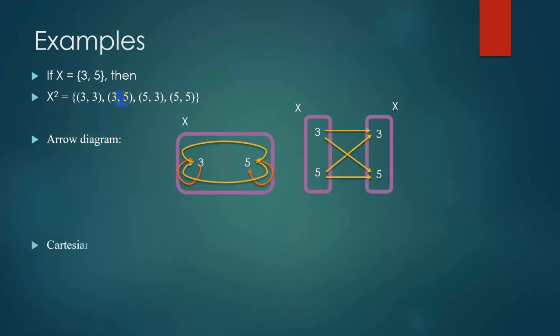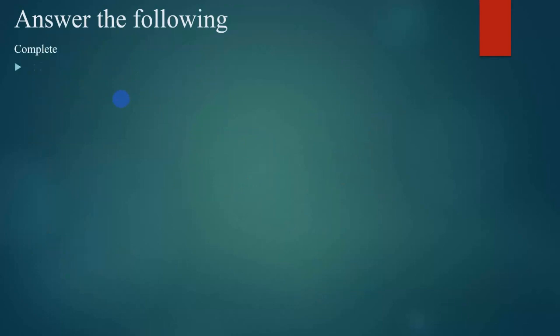Now the Cartesian diagram, x on the horizontal, x on the vertical, and each ordered pair is to be represented with a point opposite to its first projection on the horizontal and its second projection on the vertical. Answer the following. Complete.